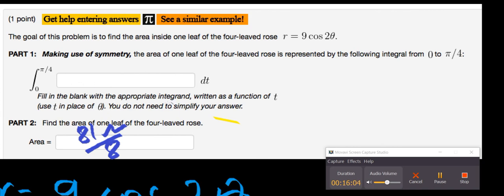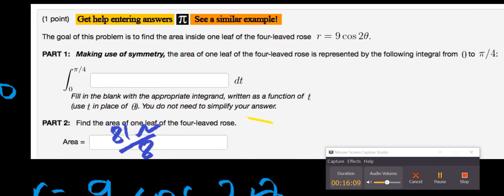And I just noticed this, but I skipped the first part. It's late, I'm sorry. But the first part, well, we're given our r equals 9 cosine 2 theta. And I went over that at the beginning. We had our integral 0 to pi over 4. And remember the integral of polar coordinates, 1/2 r squared d theta.